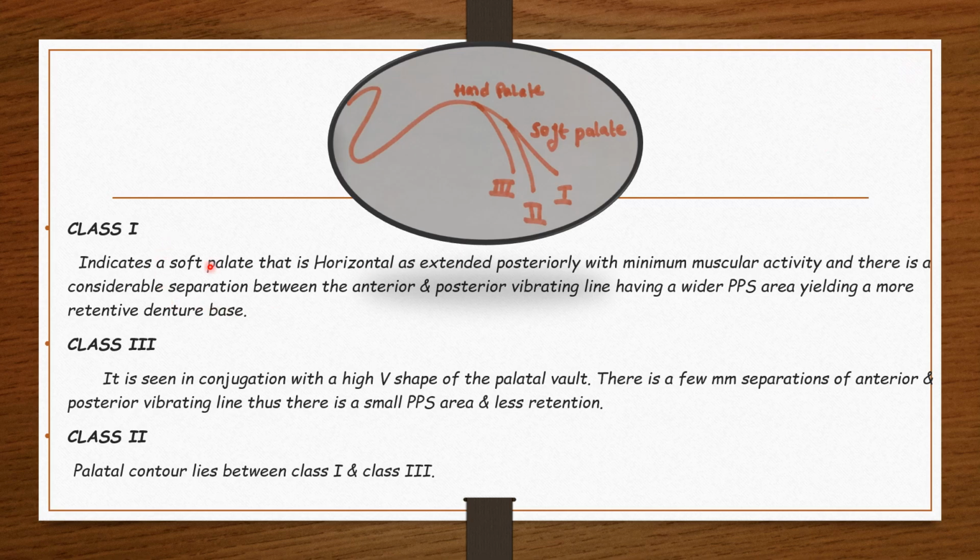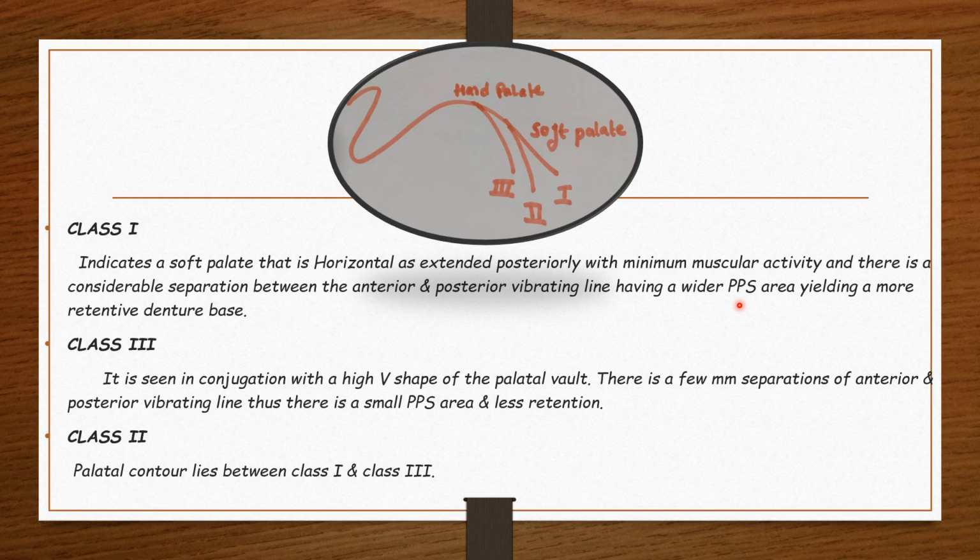In class 1 it is a horizontal angulation with minimum muscular activity, so you have a considerable separation between the anterior and posterior vibrating line. Thus you have a wider PPS, which contributes to better retention and stability. So a class 1 soft palate has good retention and stability.